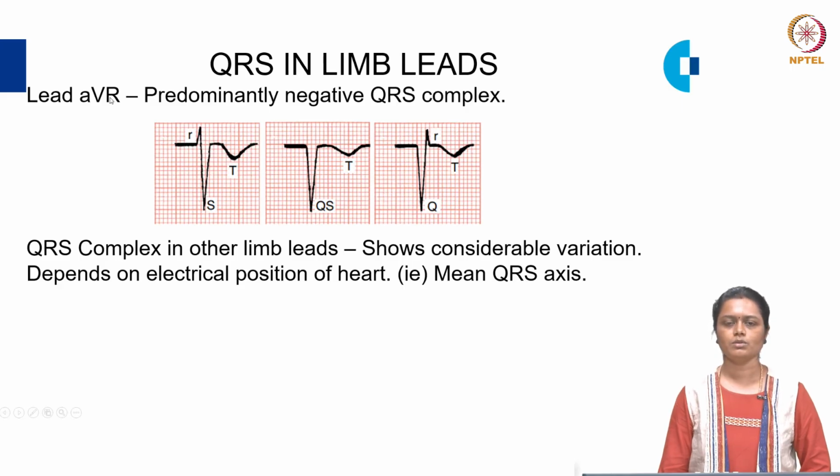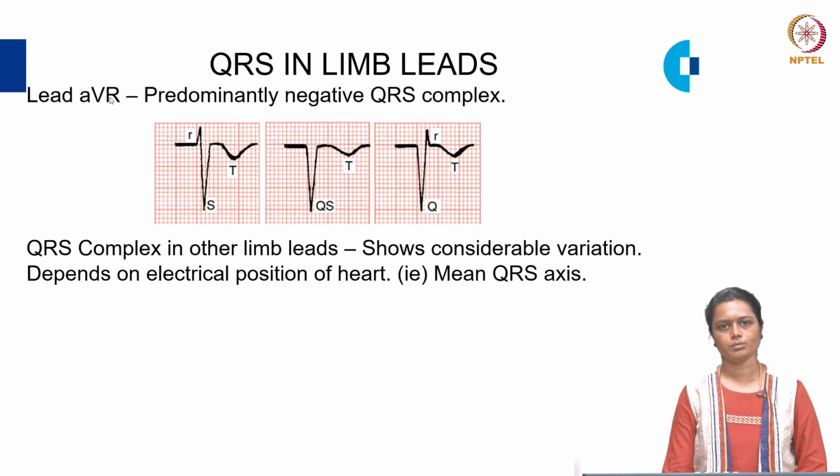Then what about the morphology of the QRS complex in other limb leads? Here the morphology depends upon the electrical position of the heart, or the mean QRS axis.